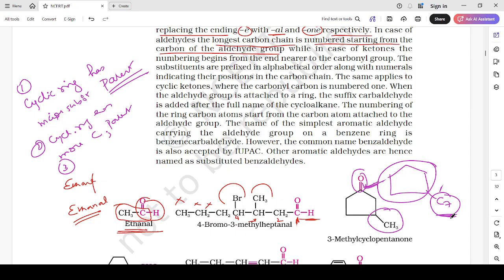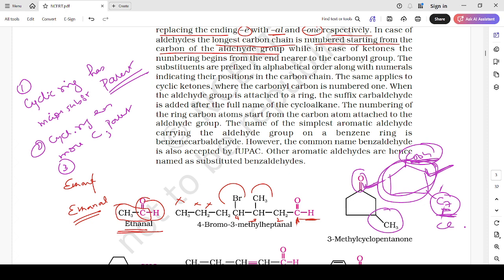And what if here I am having COOH, and here I am having some functional group, chlorine is there. With respect to superiority, which is having more priority? Carboxylic acid. In that case, even though the cyclic ring is having fewer carbons, this will be my parent. Do you get it? Yes, ma'am.